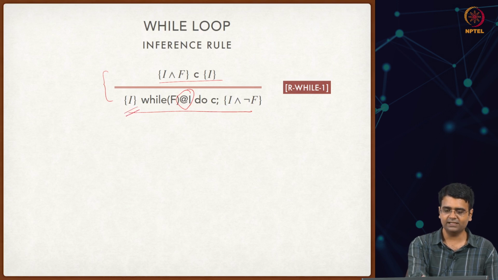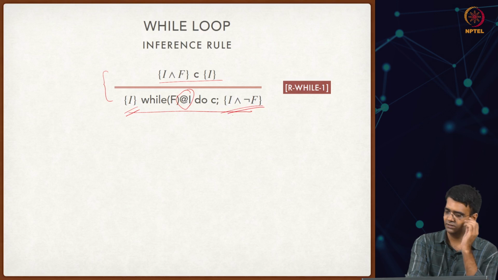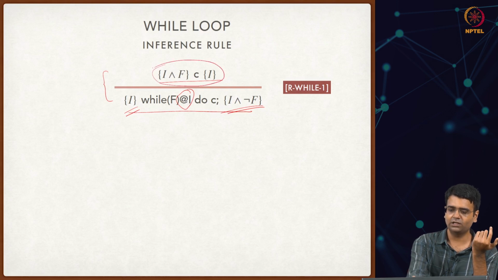This Hoare triple says that the precondition is I and the postcondition is I and not f, where f is the loop conditional. So you can deduce this Hoare triple, but as a premise you need to deduce another Hoare triple, which is {I and f} c {I}.